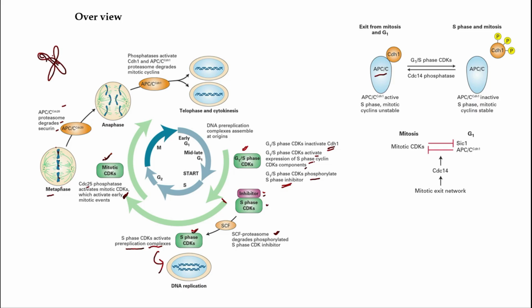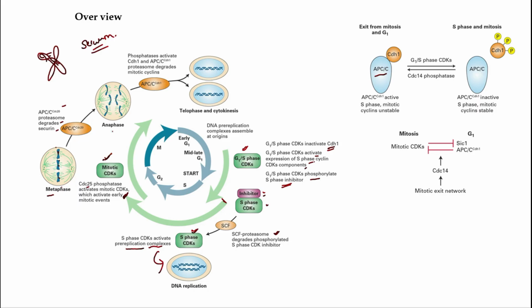If this is the chromosome, it is held together by a protein known as securin. APC-CDC20 degrades this securin. If the securin is degraded, another component known as separase helps in pulling the two chromosomes toward the two poles.